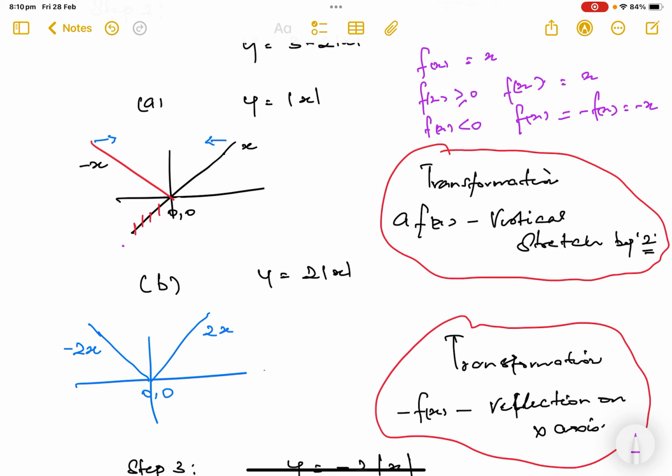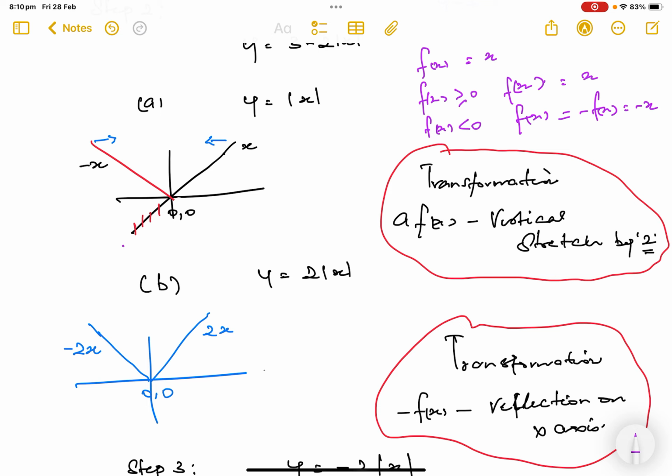Then we go into the 2 modulus x. That is a transformation. You just multiply by 2. If it's f(x), it's a vertical stretch by 2. So simply a vertical stretch, you just pull it upwards.